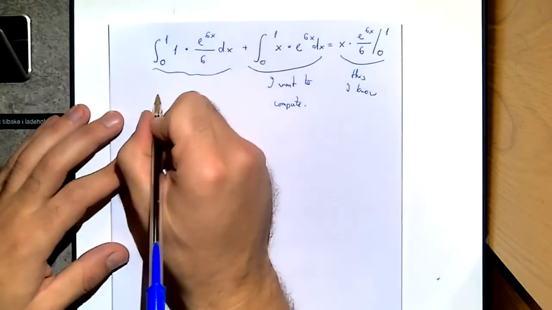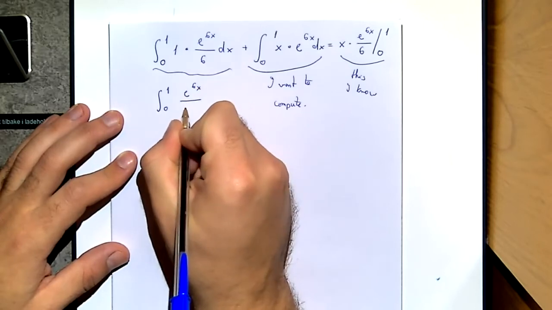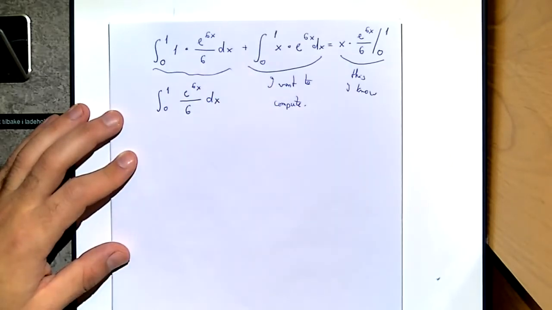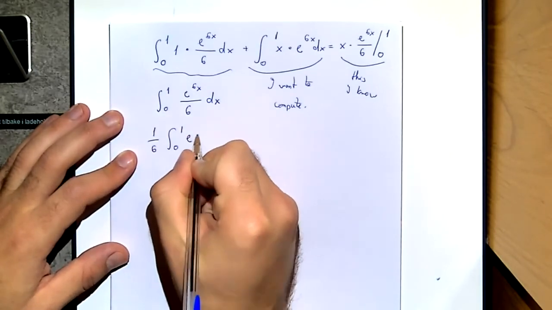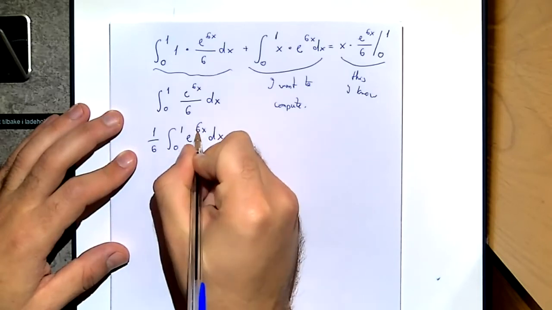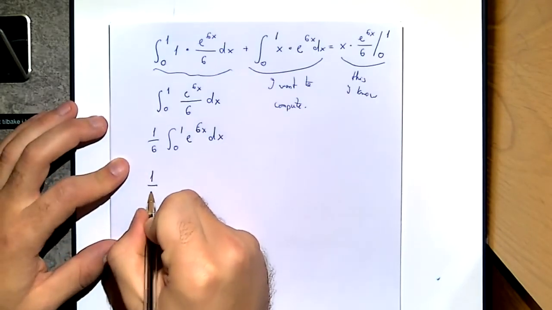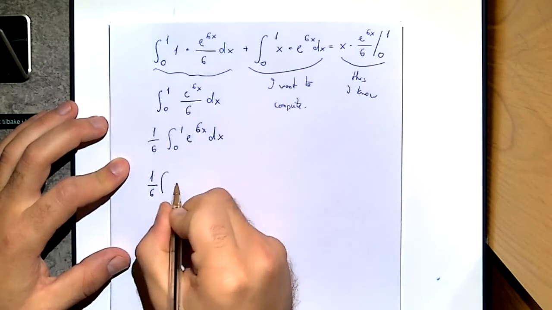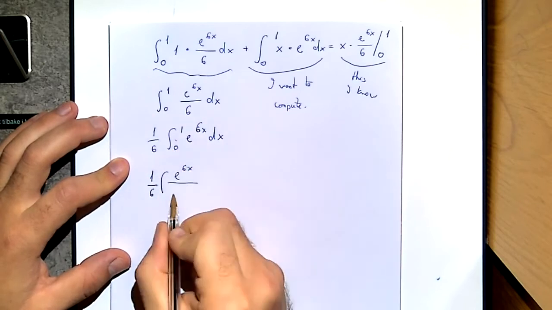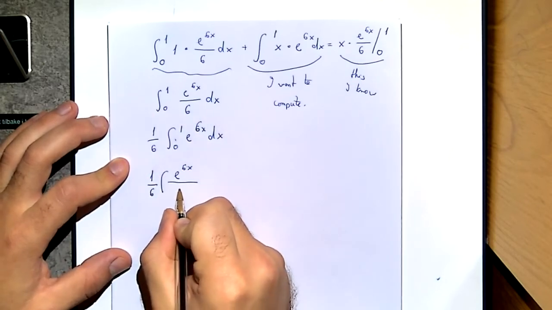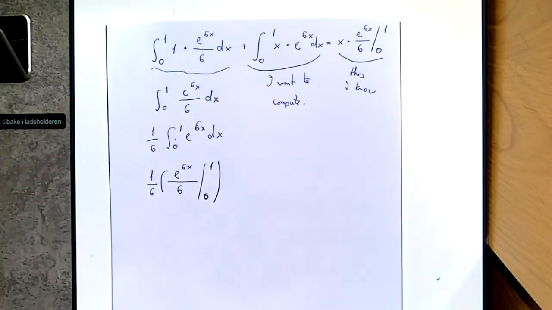Well, what is that? It's the integral from 0 to 1 of e^(6x)/6 dx. Again, I'm going to take out the 1 over 6, and we already computed this thing. So this is just equal to 1 over 6 multiplied with, remember how we do the definite integrals, right? We write the primitive, and then we take it between 0 and 1.